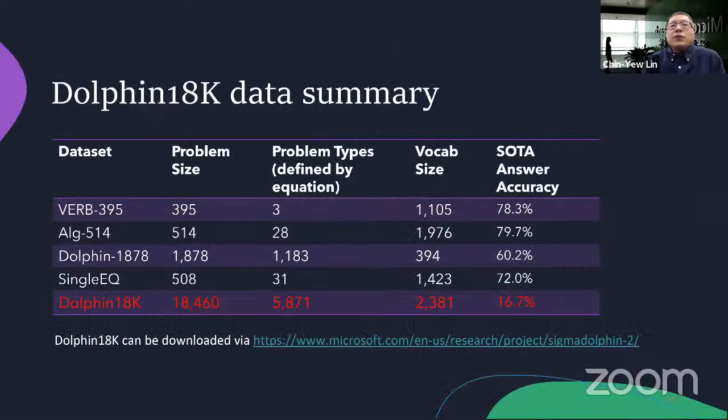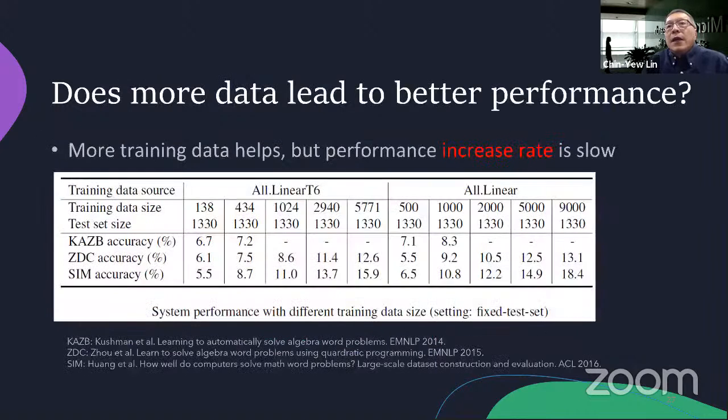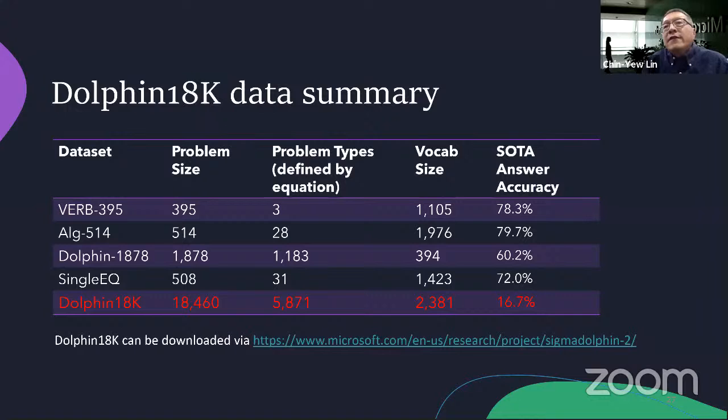By doing that, we created this Dolphin18K data set. You can see in this table that this new data set has over 5,800 problem types, much more than the previous data sets, and the corpus size is about two times larger than the largest one before.